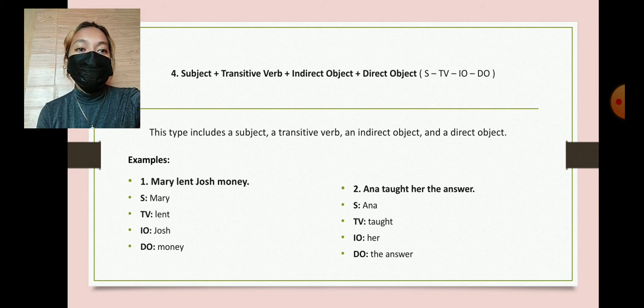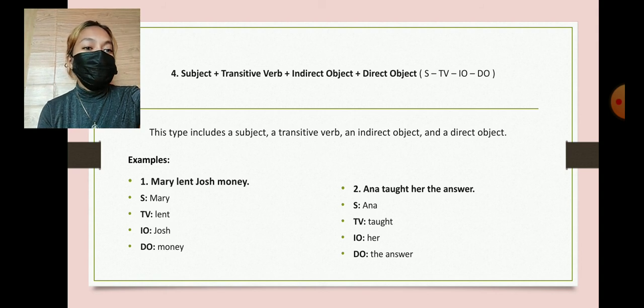So what is the indirect object? They told us that the indirect object can also be a person. So we have here for the second example: Anna taught her the answer. So the subject is Anna, the transitive verb is taught, the indirect object is her, and the direct object is the answer.